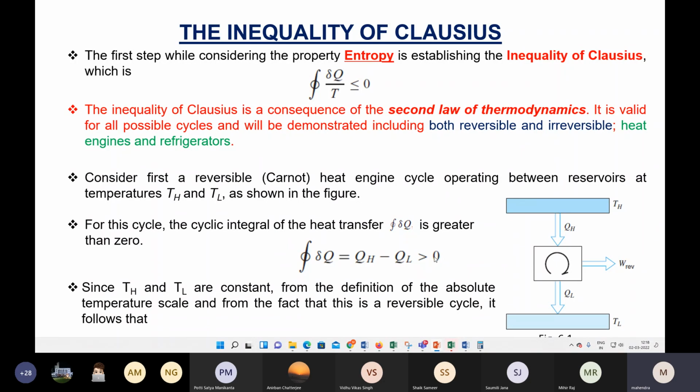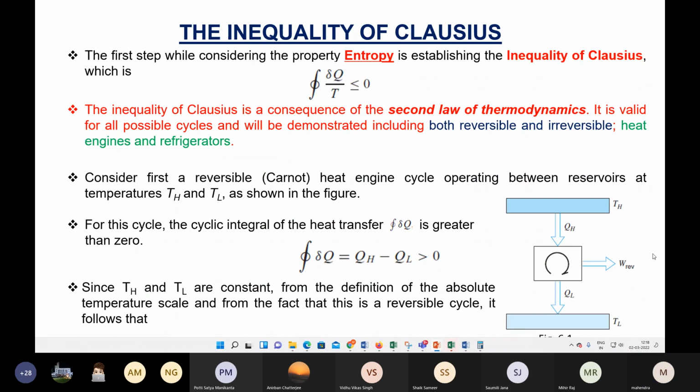In one condition, if both reservoir temperatures reach the same value, then delta Q ceases. That means the delta Q value would be 0.